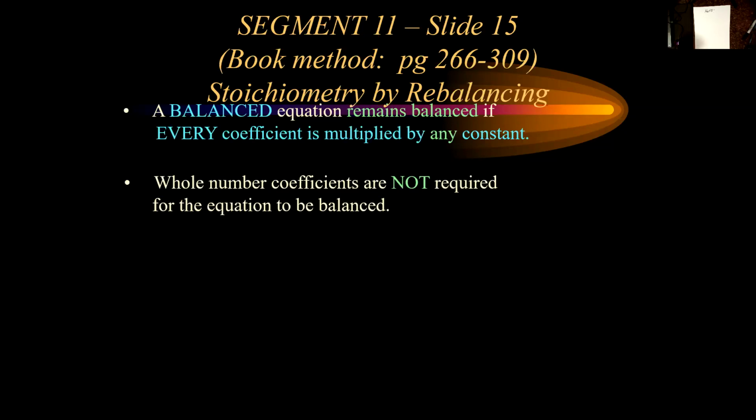And whole number coefficients aren't really required in order for it to be balanced. Even decimal coefficients and fractions could be used and lead to a correctly balanced equation in the sense that everything in there conforms to the law of conservation of mass.